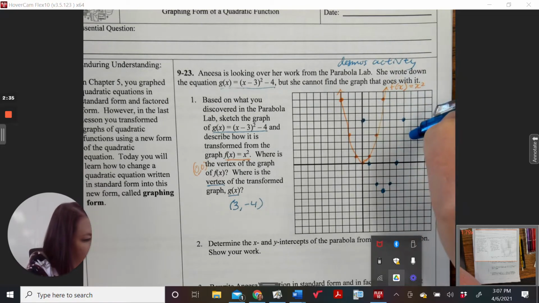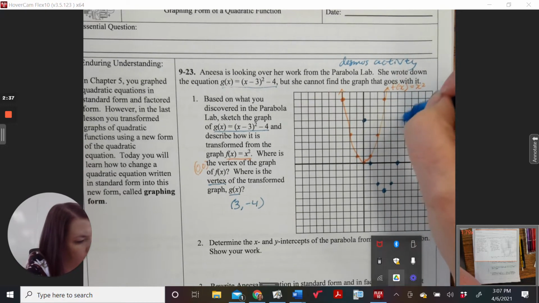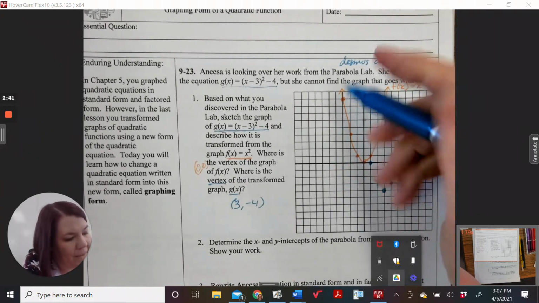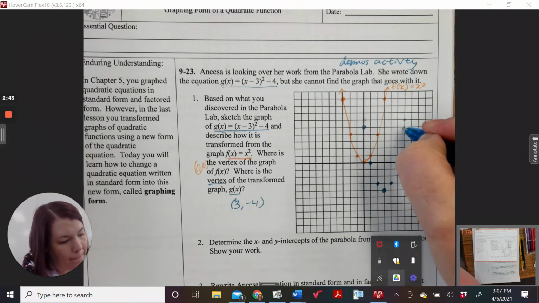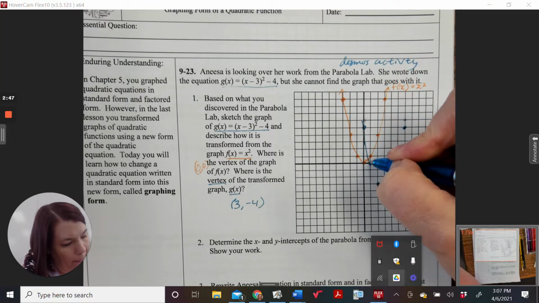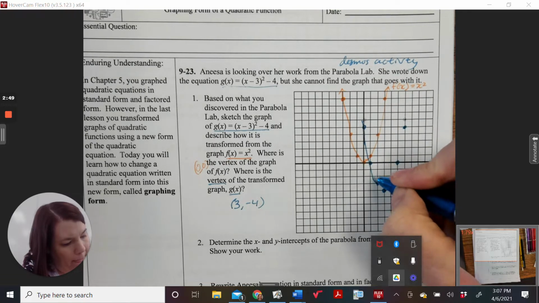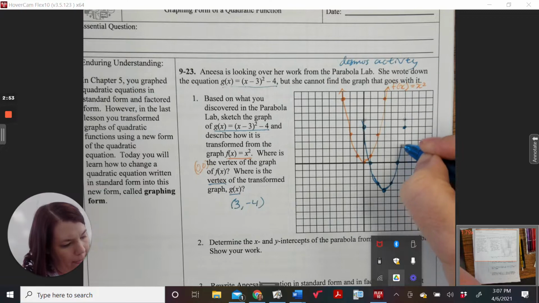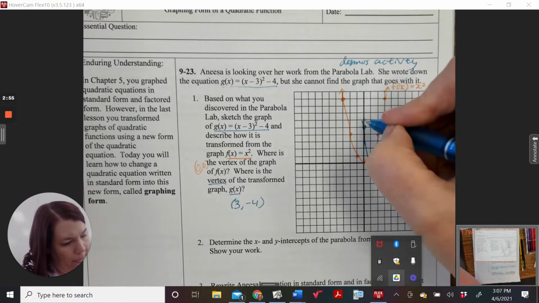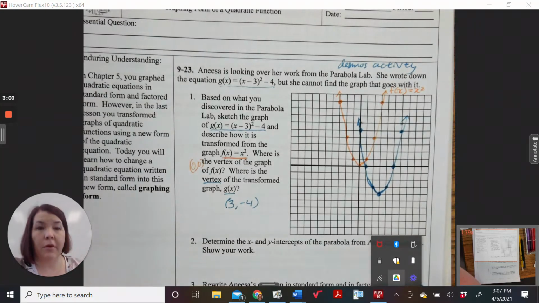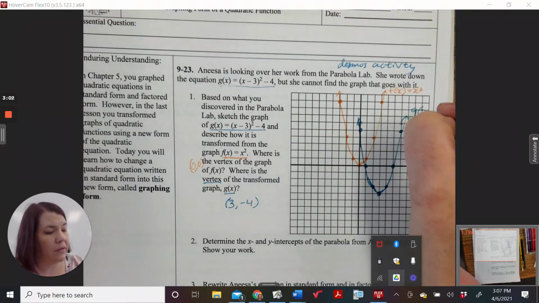That's too many. Okay, so there's my graph, and that's g of x.